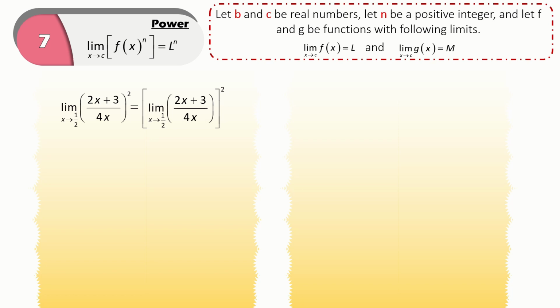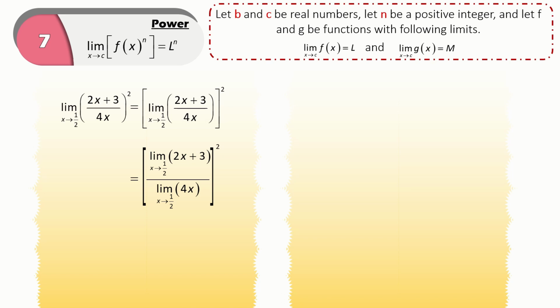Next, copy the power, and we have the limit of the numerator, which is the limit of the sum of 2x and 3 as x approaches 1/2, and the limit of the denominator, which is the limit of 4x as x approaches 1/2, by applying the quotient property.